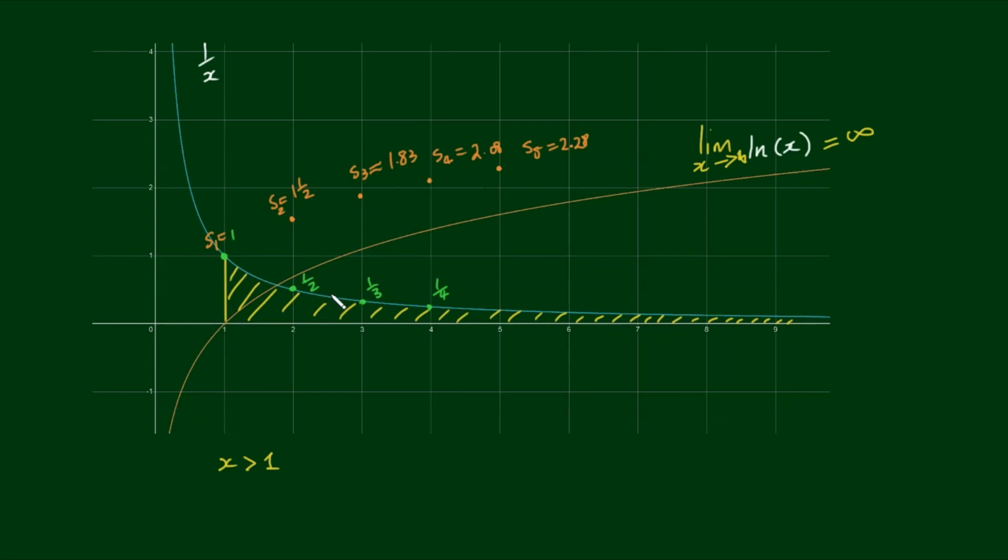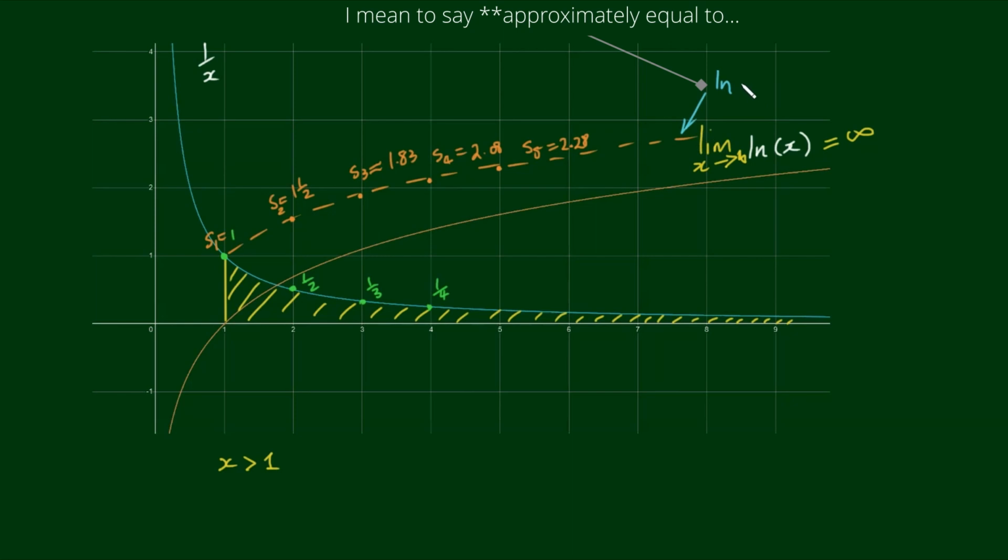What we're really showing here is that plotting the partial sums of the harmonic series, we are representing a form of the log function. And if we plot enough terms, we can show that the partial sum of the harmonic series at term n is equal to the log of n plus 0.577.